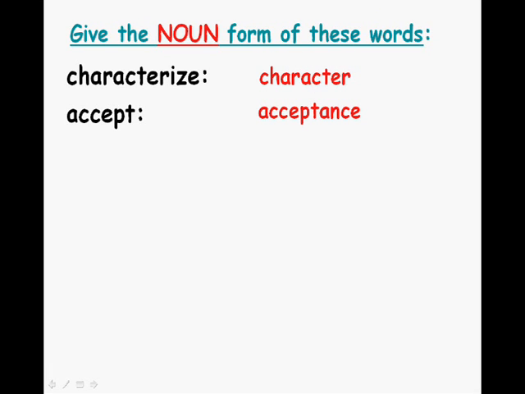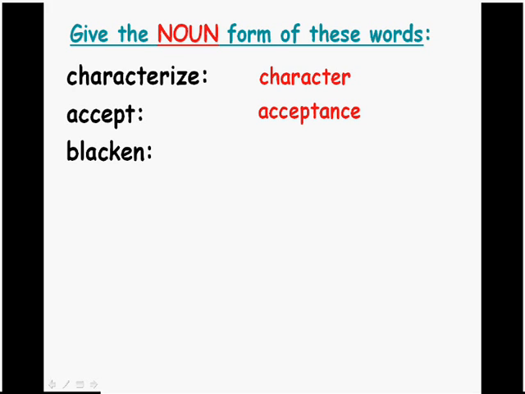Excellent. Acceptance. So I added A-N-C-E. Remember, we said that sometimes we have a verb and we need to add a suffix to change this verb into a noun. So I have accept, I change it into acceptance.